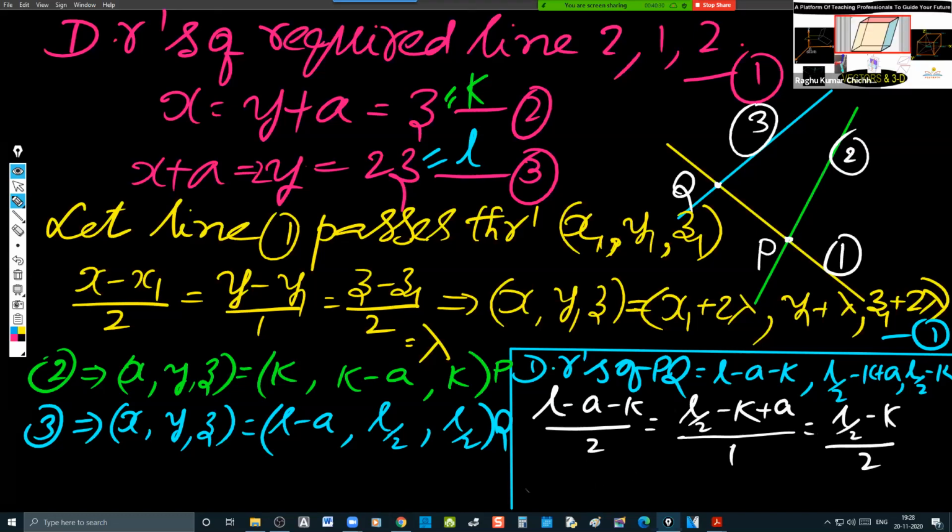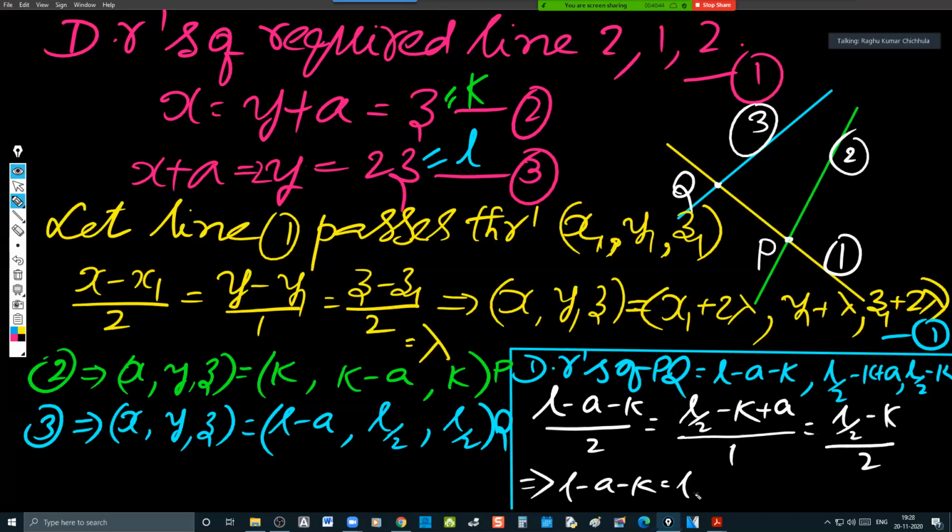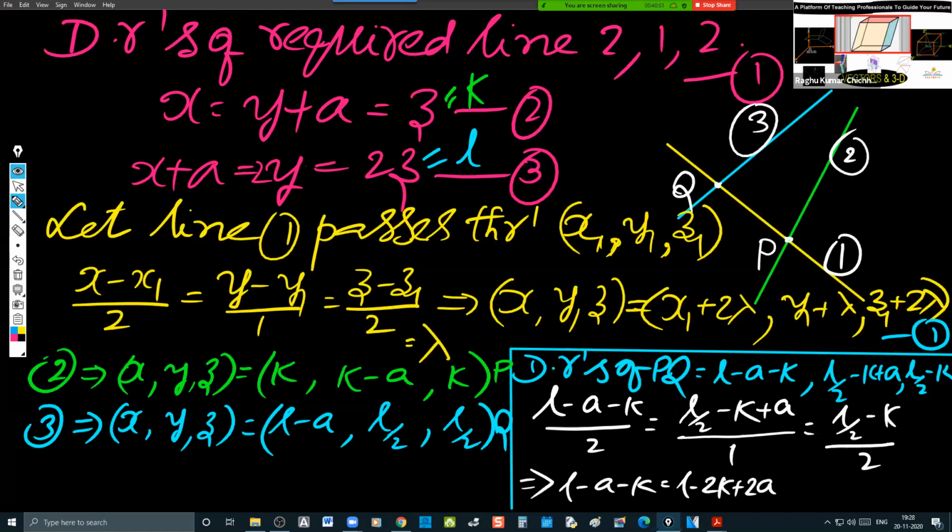This is L minus A minus K is equal to, multiplying with 2, L minus 2K plus 2A. Then L gets cancelled, and you will get K is equal to 3A.